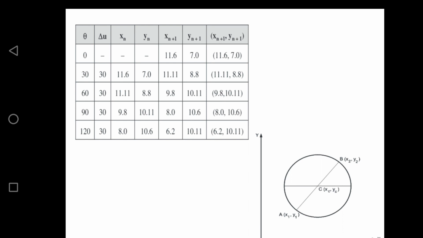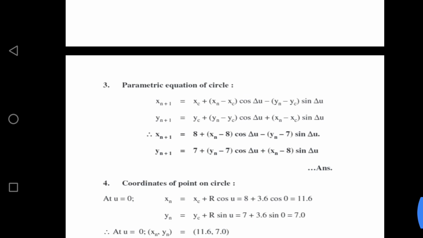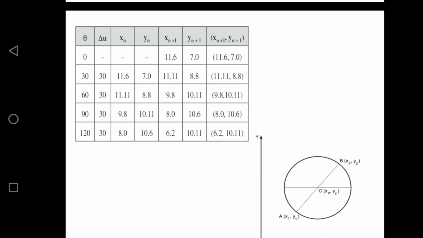If I substitute these values in the parametric equation of the circle using the recursive method, I get xn plus 1 and yn plus 1 at 30 degrees equal to 11.11 and 8.8.